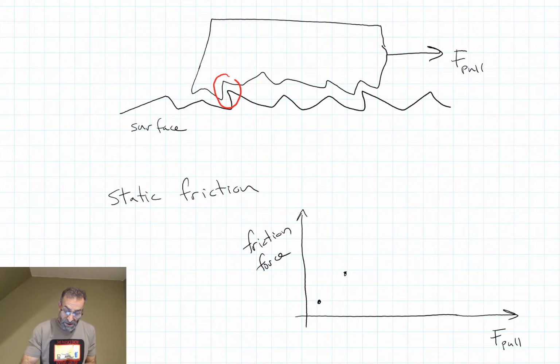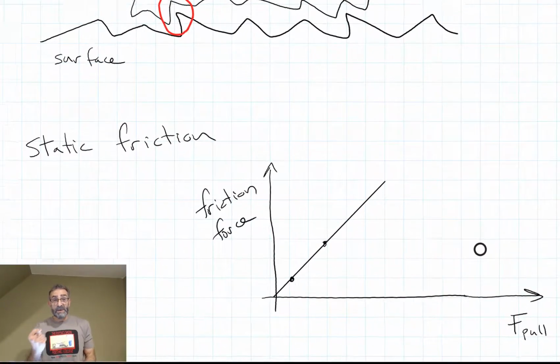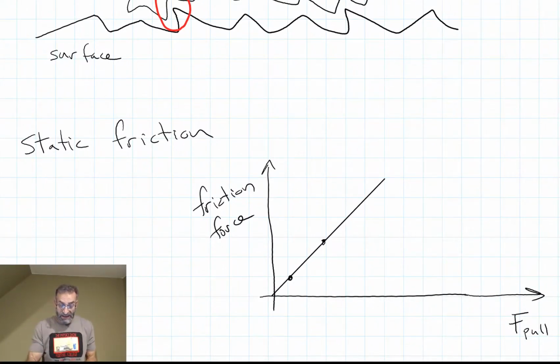So as we increase our pulling force, the friction force increases until we pull hard enough that our block will jump out and dislodge itself from the surface and slide across it. And then we have motion between our surfaces, right? There's sliding. We call that kinetic friction.